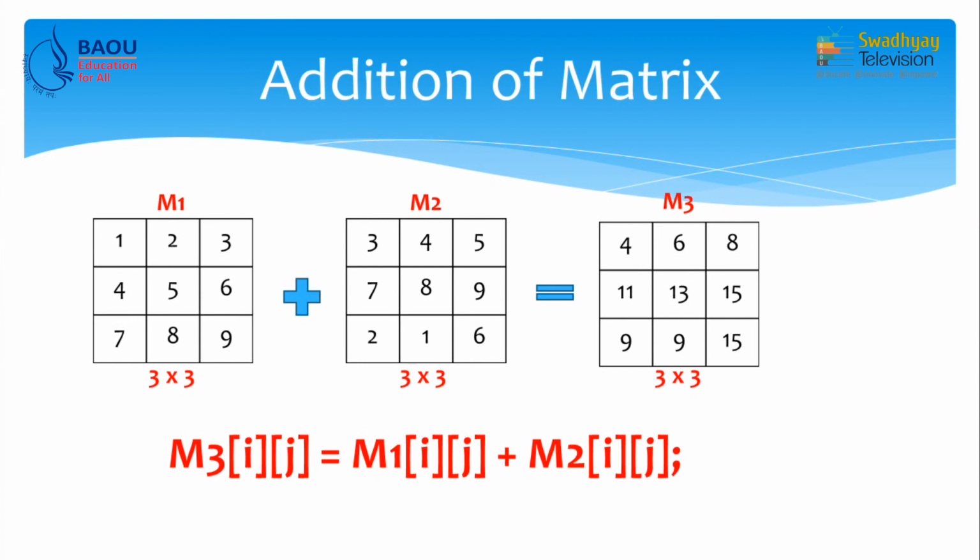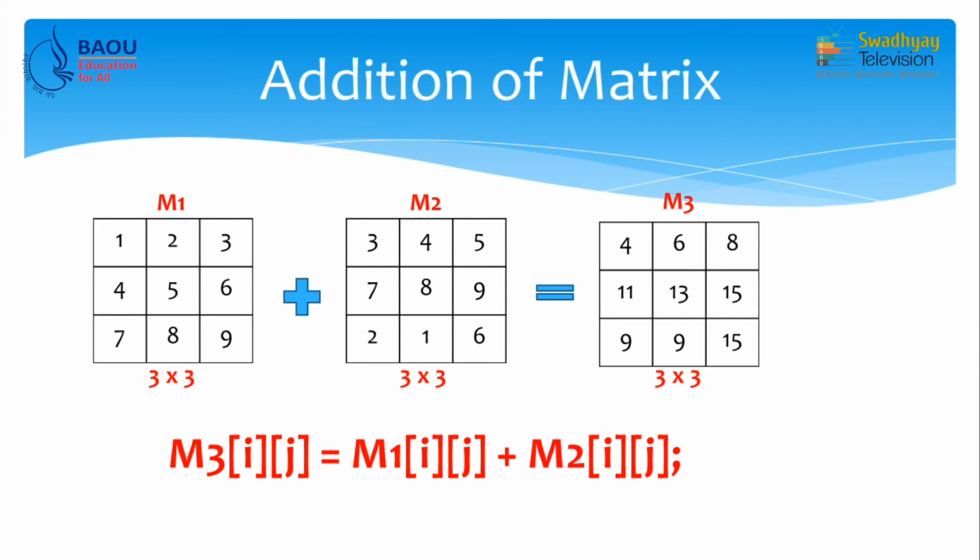Now, how to add two matrices? To add two matrices, we add element by element, that is [0][0] of M1 is added with [0][0] of M2, and [0][1] of M1 and [0][1] of M2 are also added to get [0][1] of M3.